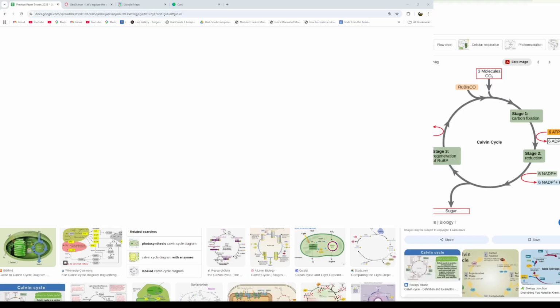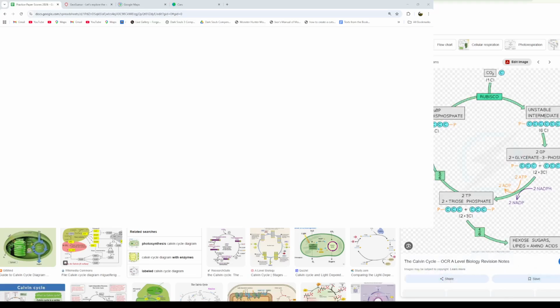She didn't mention triphosphate here, so I don't know what that one is. Yeah, this is the one I'm used to. So the ATP and NADPH are used to convert glycerate 3-phosphate, GP, to TP.